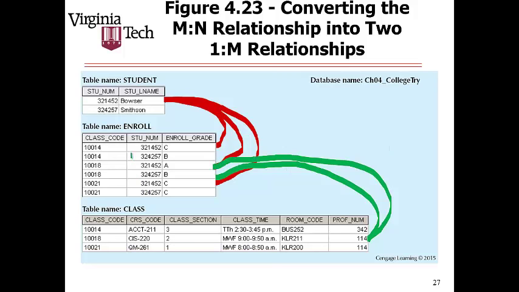And you can see that each instance of enroll connects to one instance of class and to one instance of student. And we can see that Bowser liked 10018 more than he did his other 2 classes.